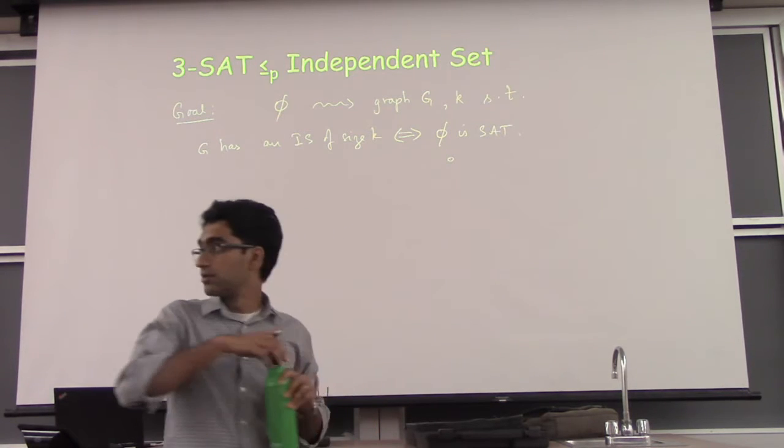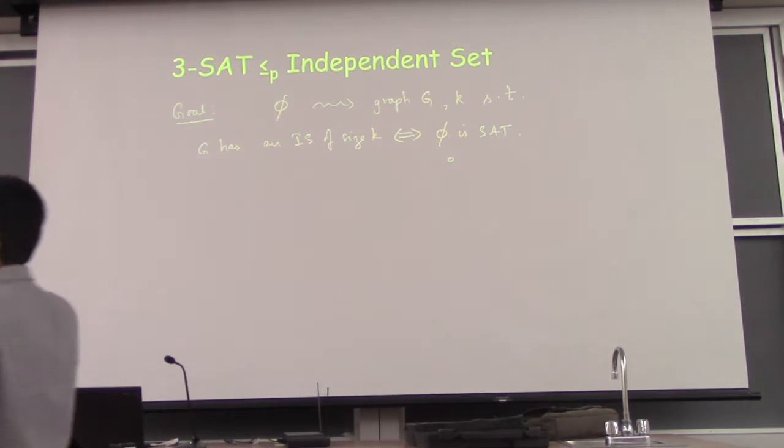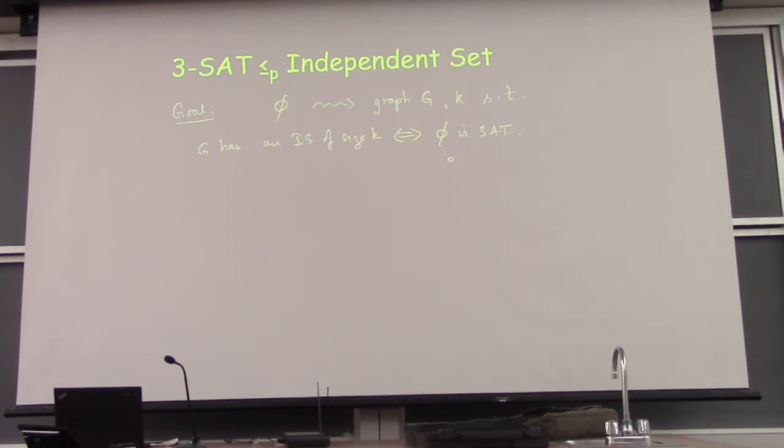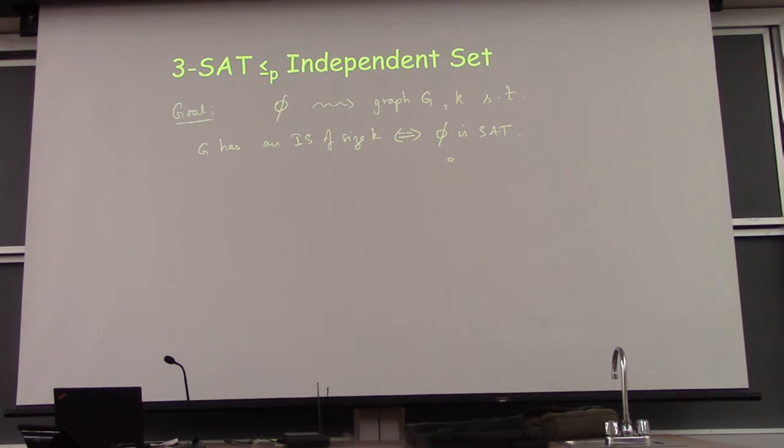Can you repeat that, please? Yeah, I'm just saying that proving that 3SAT reduces to independent set is equivalent to this. Given some formula phi, which is an instance of 3SAT, you want to come up with a graph G and this parameter k such that G has an independent set of size k if and only if this formula phi is satisfied.